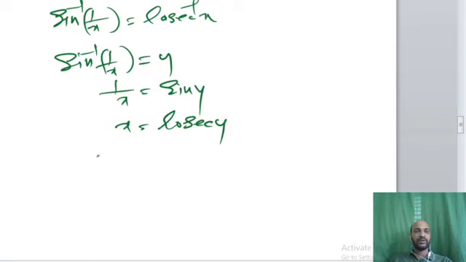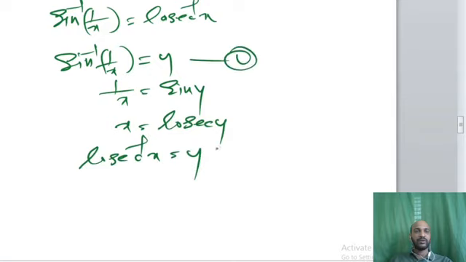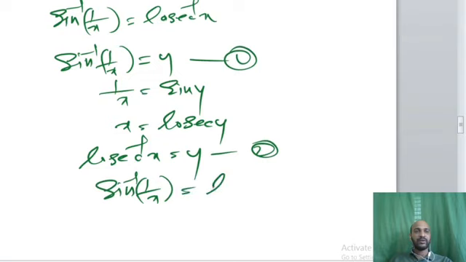If x equal to cosec y, what is cosec inverse of x? Equal to y. Now we can equate equation 1 and 2. So what we'll get? Sin inverse of 1 by x is equal to cosec inverse of x. Same way we can prove cos inverse of 1 by x equal to sec inverse of x and tan inverse of 1 by x equal to cot inverse of x.